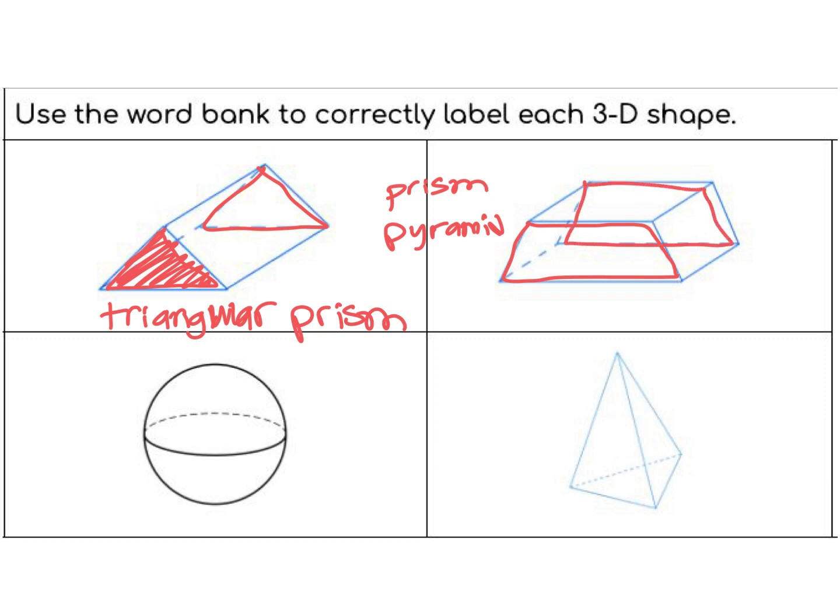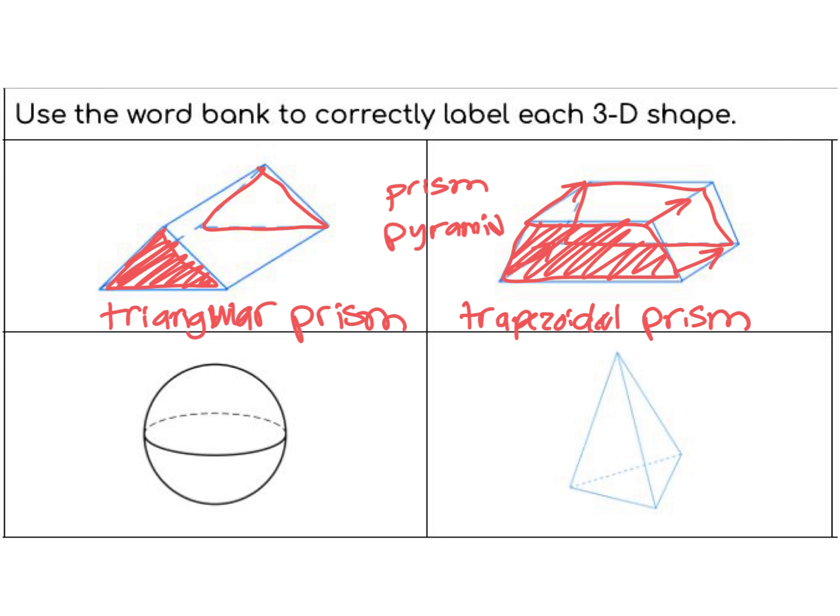It looks like this trapezoid just got pulled back this direction. So we're going to name it based on this shape. It's a trapezoidal prism. We are looking at the shape that is not rectangles.